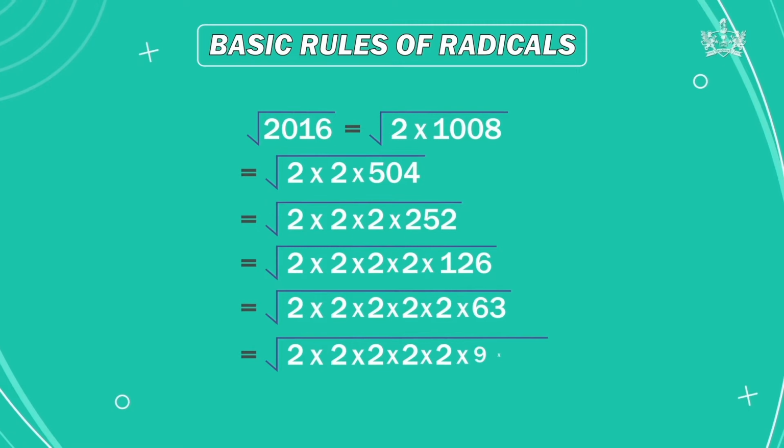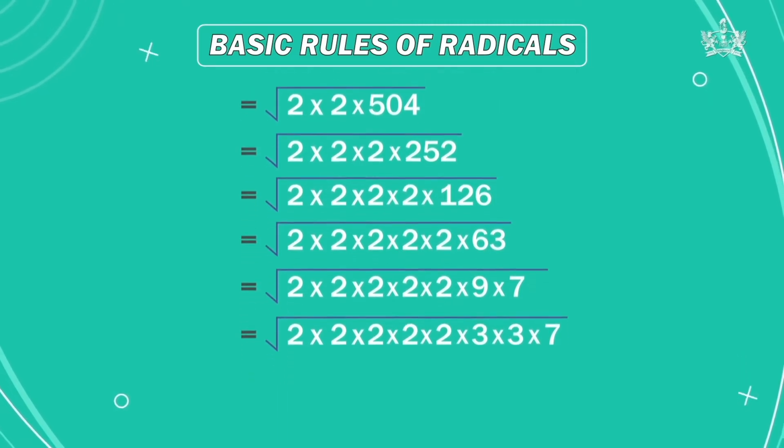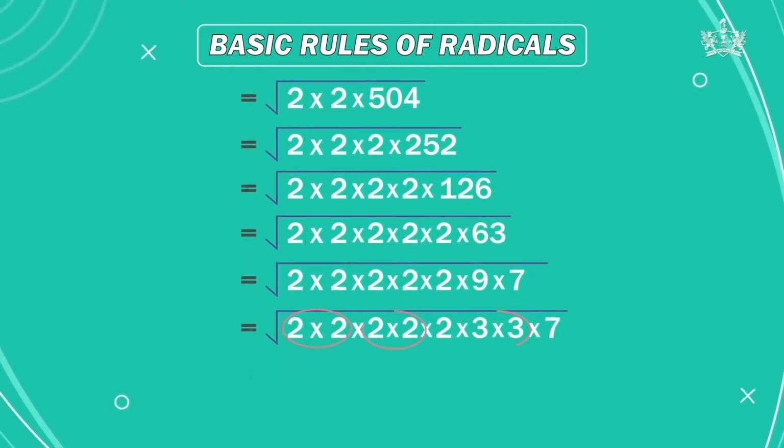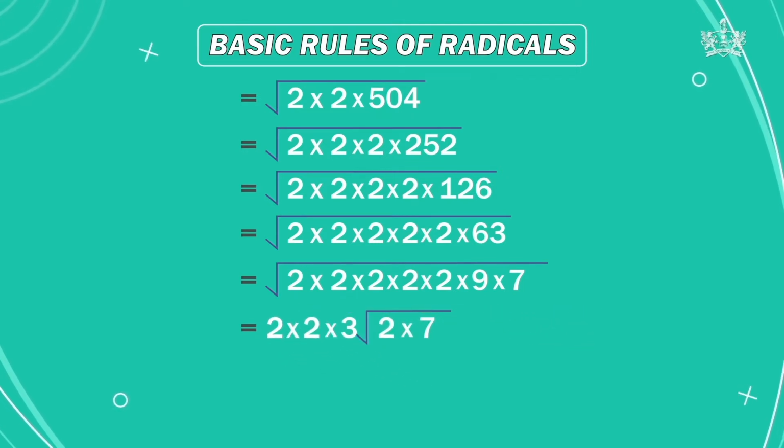And we know that to be 9 times 7. So 9 prime factors into 3 times 3, and 7 is already prime. Okay, time to group up the pairs and bring them out. What's left is 2 times 2 times 3 times the square root of 2 times 7, or, once simplified, 12 times the square root of 14.